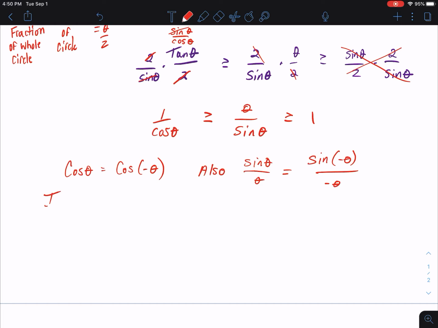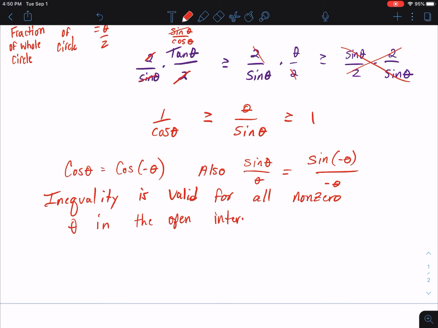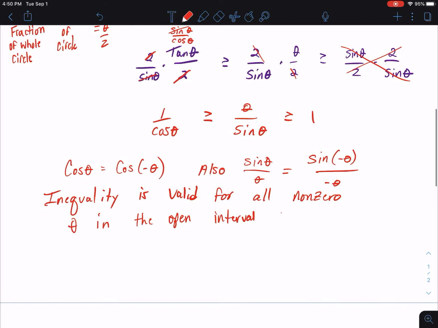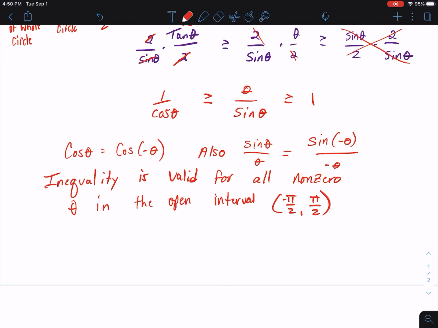Okay, so this inequality is valid for all non-zero theta in the open interval negative pi over 2 to pi over 2. So essentially in this interval, negative numbers are not going to mess up these results.